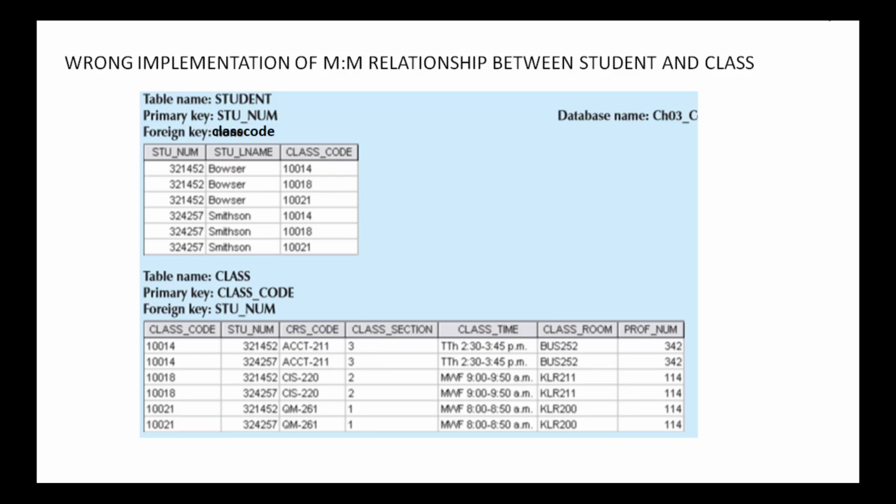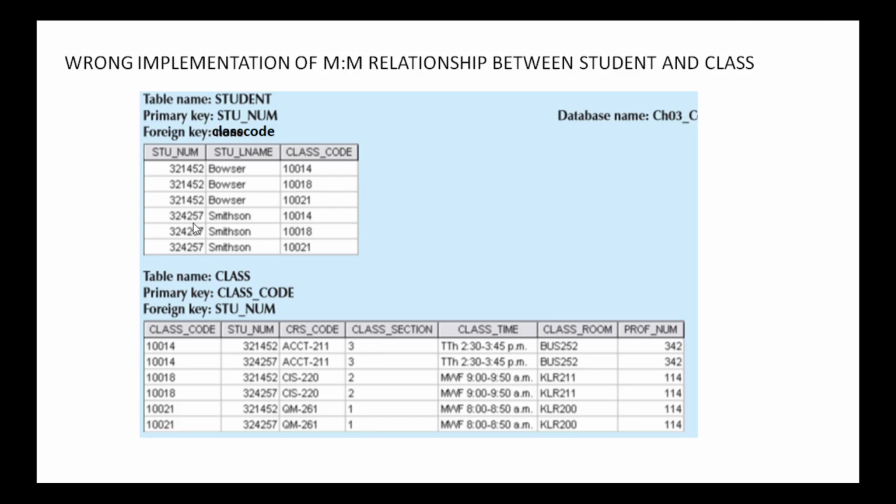Coming to the class table, which consists of primary key class code and foreign key student number, observe the student number column: we have 321452, 324257, and 321452. All these values exist in the student number primary key in the student table. Just see those values also.